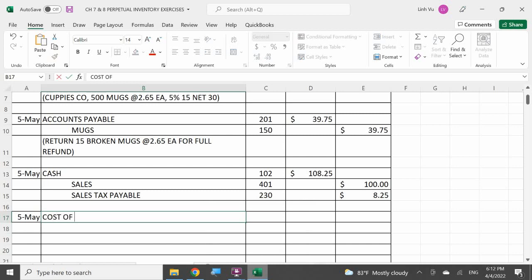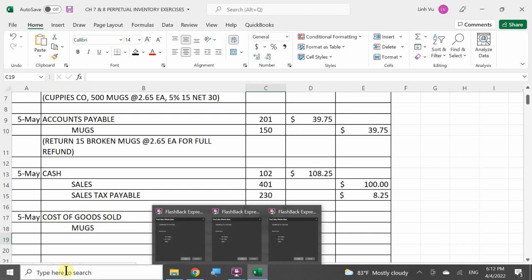So cost of goods sold, account number 501, and I need to adjust my inventory account for my mugs, which is account 150. In this case, this is where I journalized it. This is what I have here.